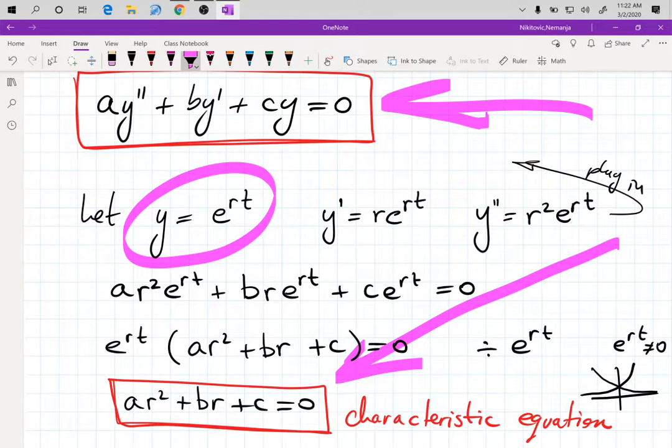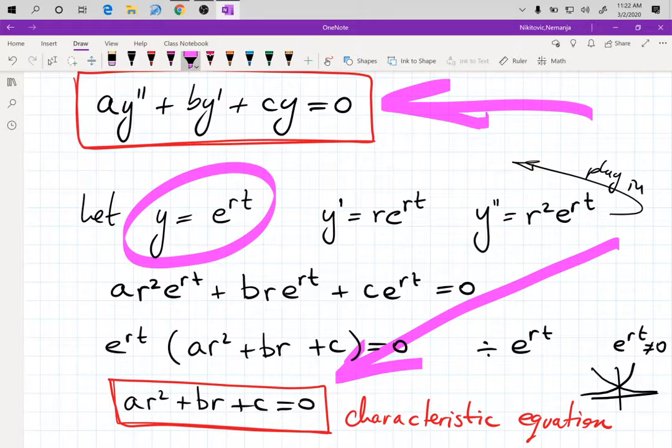So as we solve for r, because A, B, and C are given to us, we would have two different r's. Now, the goal is to learn what to do with those different r's. We have two distinct real r's, then we have a repeated r, and we have complex r's.